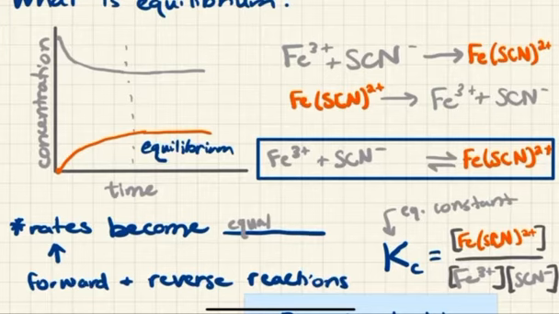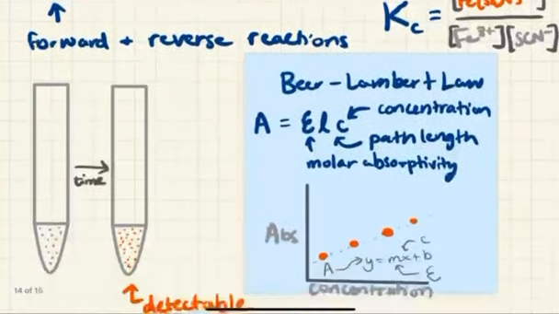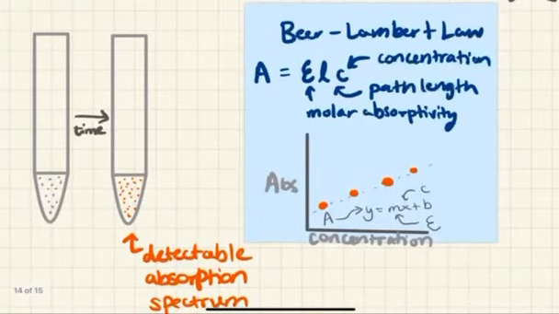And that is actually the goal of this experiment, to obtain measured concentration values at equilibrium so that we can calculate an equilibrium constant. So let's talk about how that will be done. In this experiment, I've used colors to try to illustrate this, but the initial reactants are not going to have a real strong visible color, so I've been labeling those in gray.